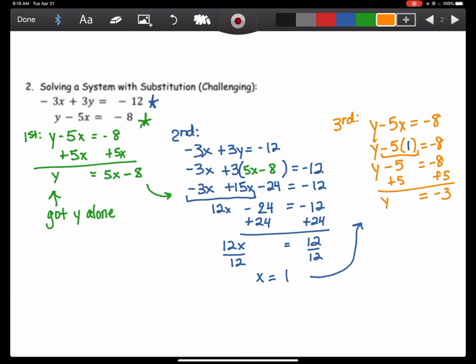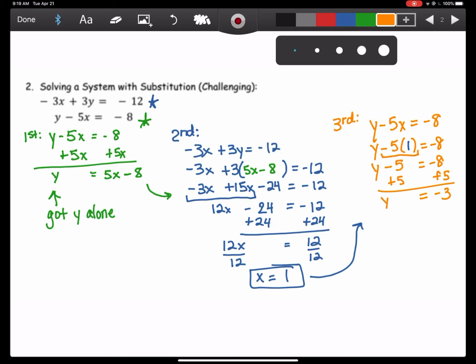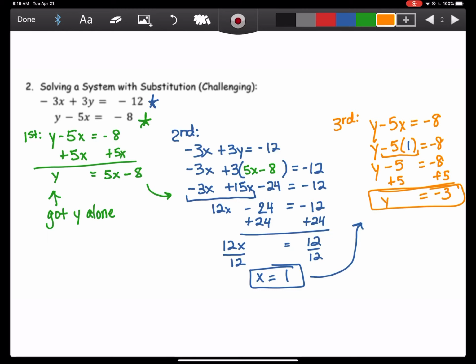Now we have x and y, and we have to write it as an ordered pair. So the solution is (1, negative 3). Okay? See you later.